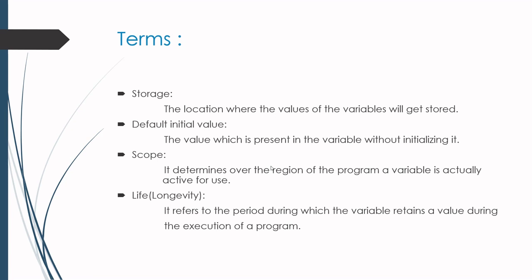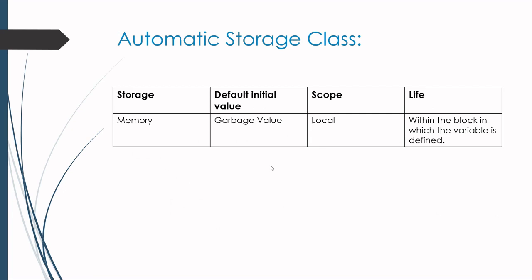Okay, these are all the terms that we are going to discuss for every storage class in C. The first storage class is automatic, which we have already seen as auto.